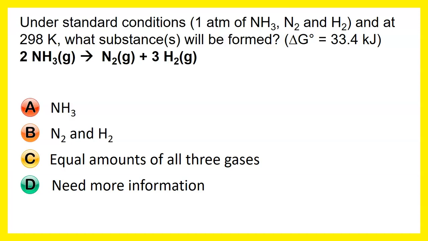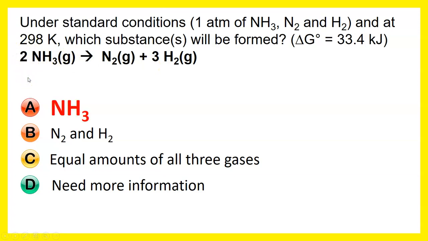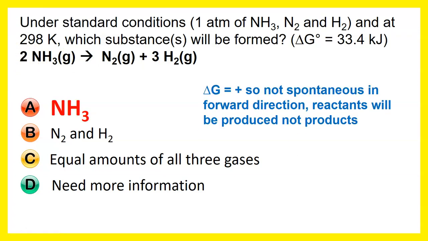The backwards direction would be favorable. So I'm not going to make nitrogen gas and hydrogen gas. The reverse reaction is actually going to occur, and we're going to end up making NH3. So don't feel like every question needs a calculation. Sometimes they do, sometimes they don't.